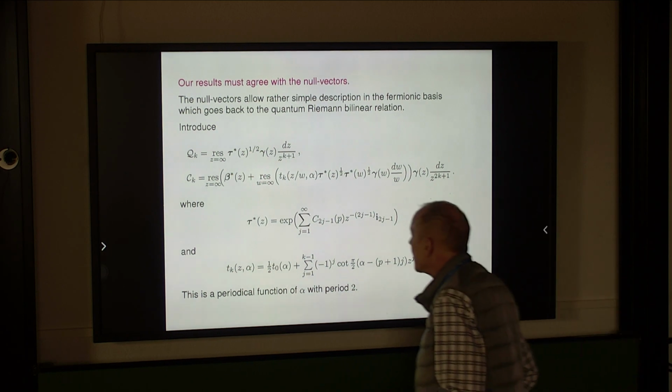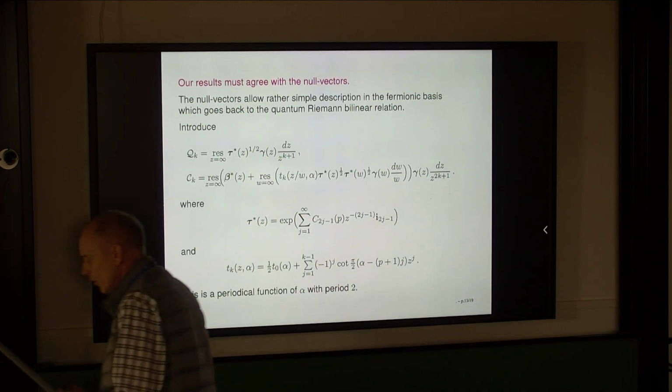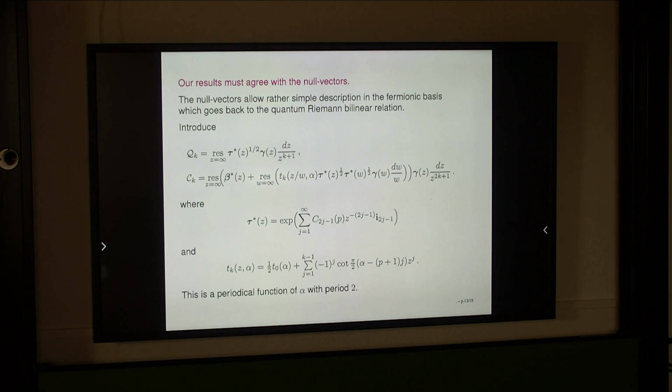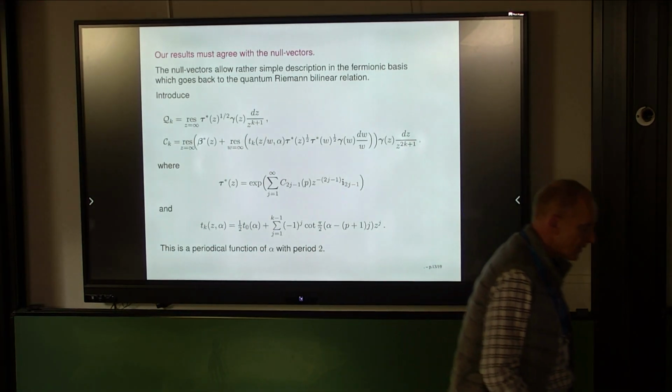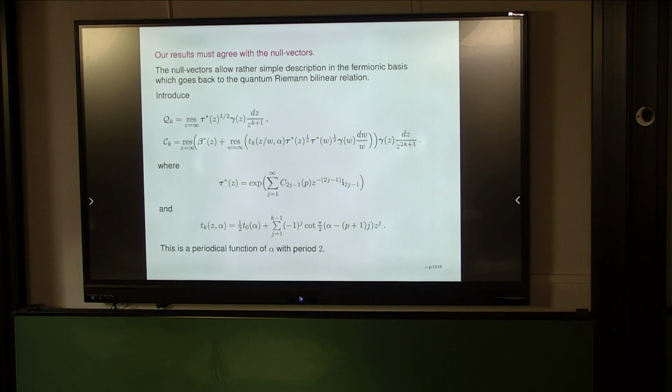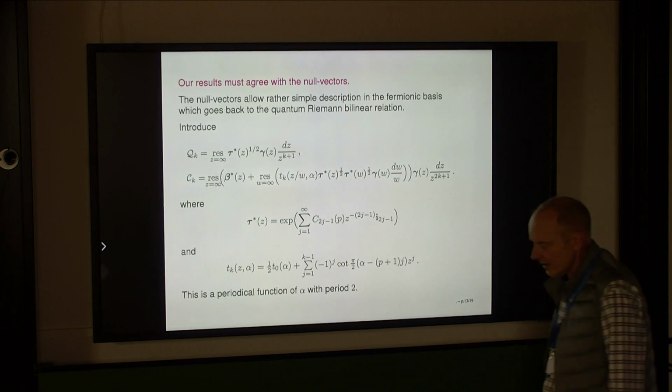The explanation goes through the singular vectors, or null vectors in general. So I have a new description of the conformal field theory in terms of these fermions.